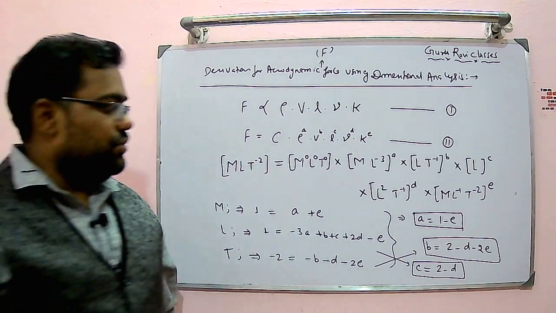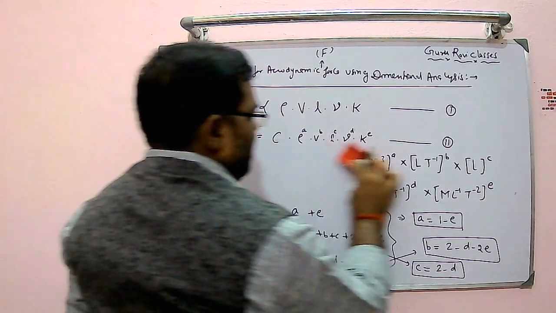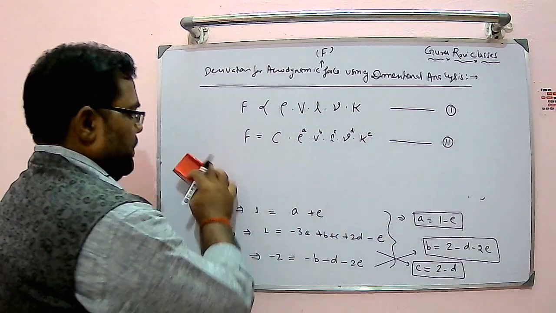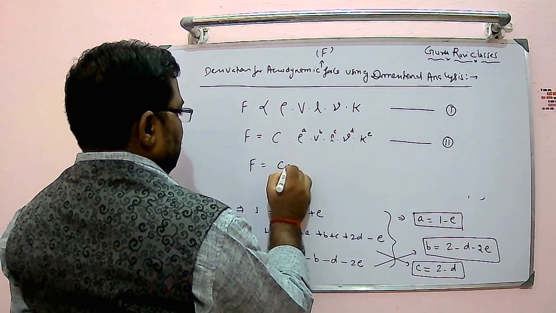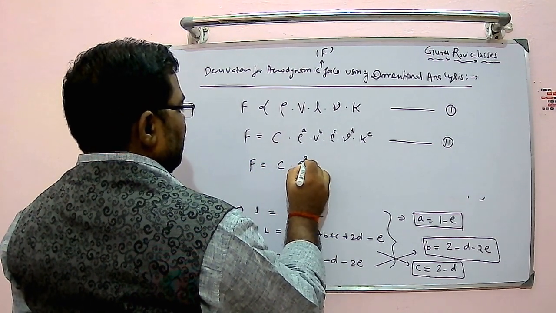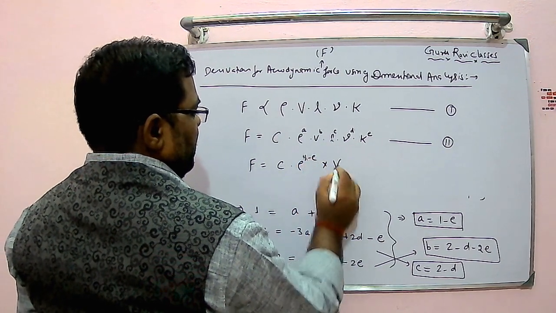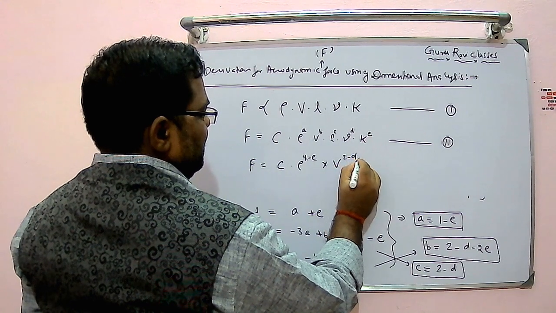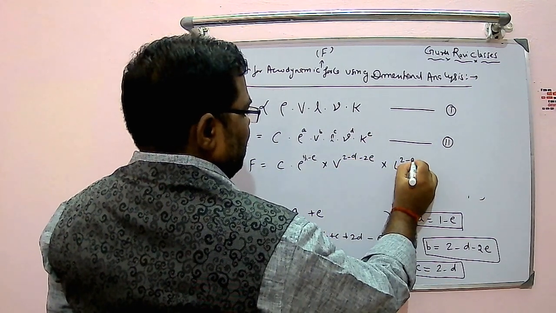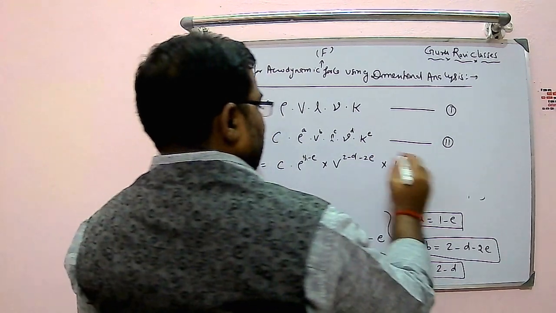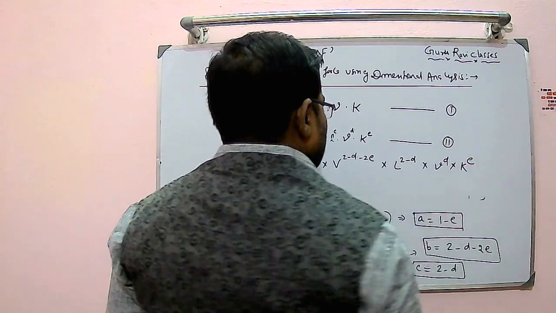Now I will substitute back these values here. So I am substituting now. If you substitute this, you will get F is equal to C into rho to the power A, that is 1 minus E, into V to the power B, that is 2 minus D minus 2E, into L to the power C, that is 2 minus D, into nu to the power D into K to the power E. Very simple.